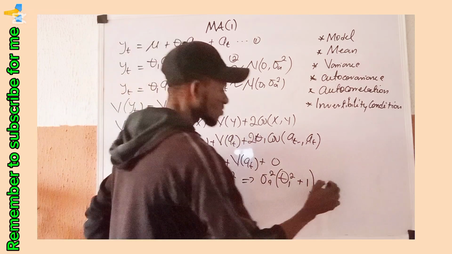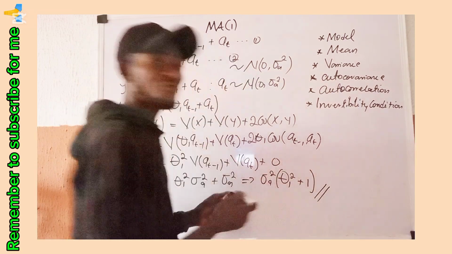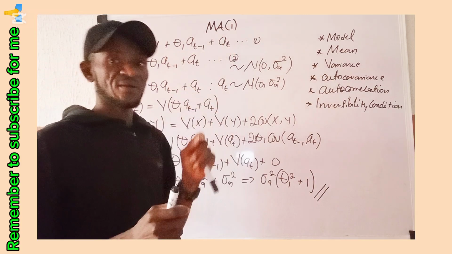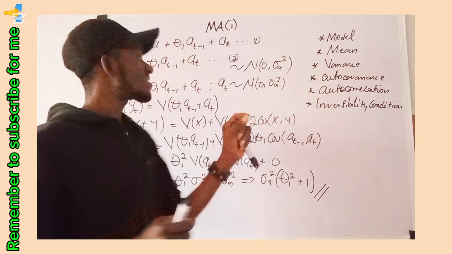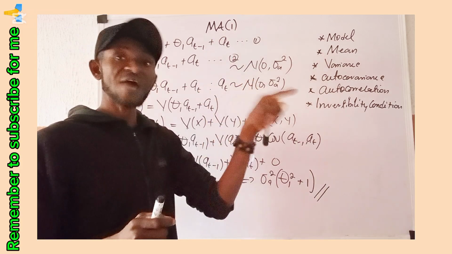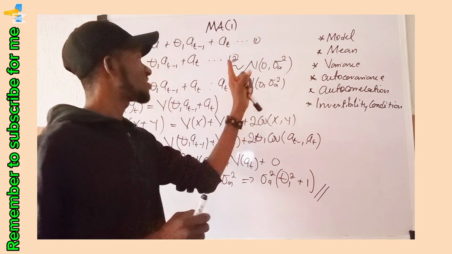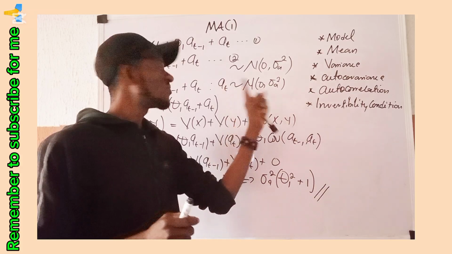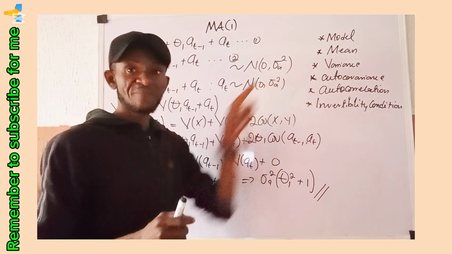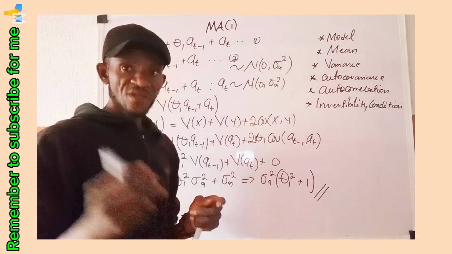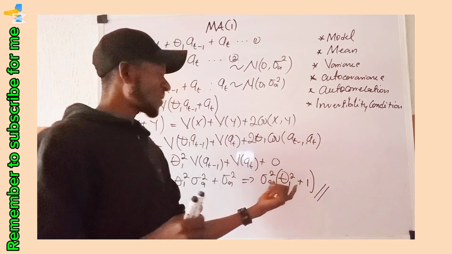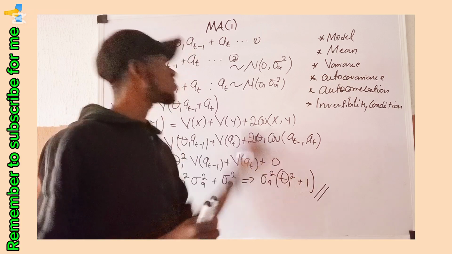So this thing becomes what we call the variance of a moving average model of order 1, where it is known that this moving average model of order 1 is a stationary moving average model, to allow the condition that this error term follows normal with mean 0 and constant variance sigma squared of a.